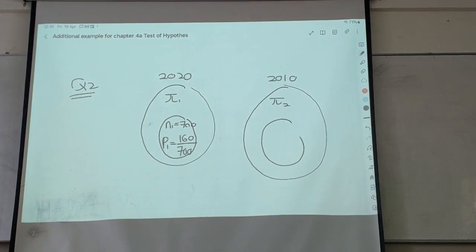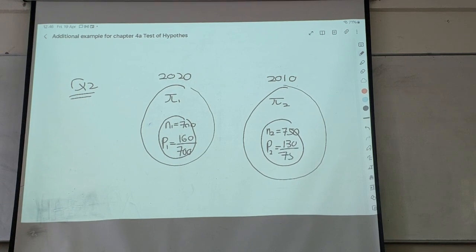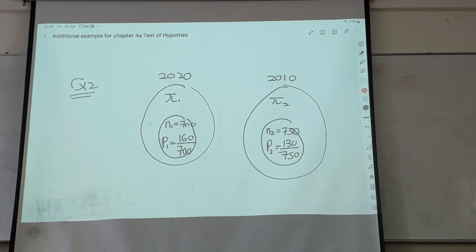Okay? In 2010, for the number of samples which equals 750, the sample proportion indicates 130 over 750 are overweight. So they tell you to use the alpha level of significance.